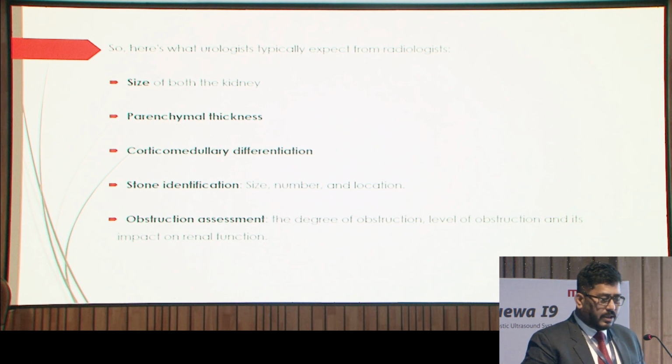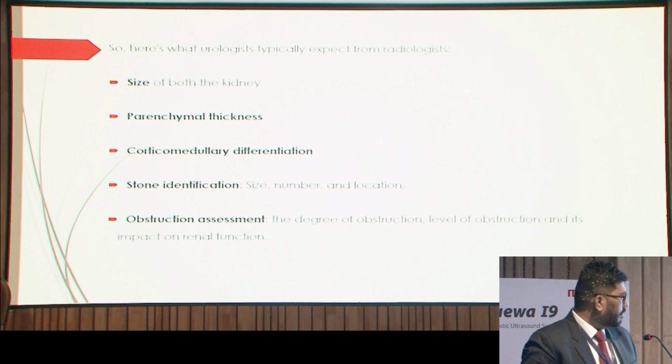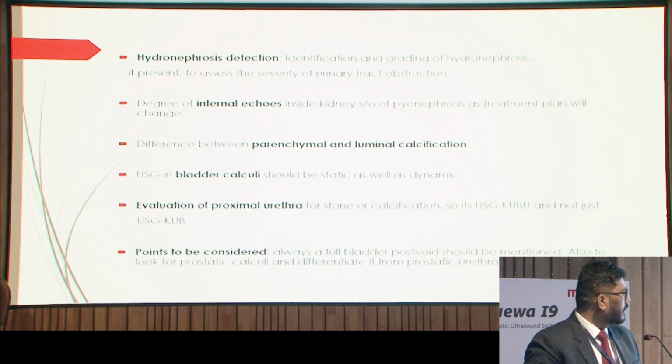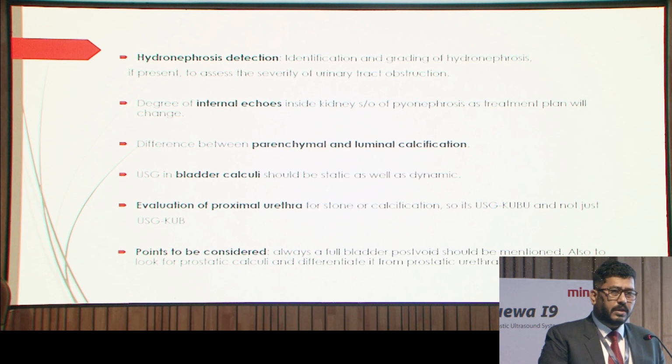Then obstruction assessment, the degree of obstruction and the level of obstruction, and its impact on the renal function should be well mentioned. Then hydronephrosis detection, again stone with hydronephrosis and stone without hydronephrosis, definitely to some extent management changes. Stone without hydronephrosis is difficult to treat.